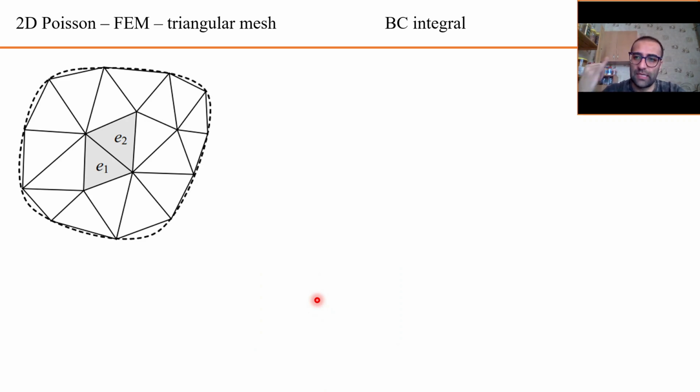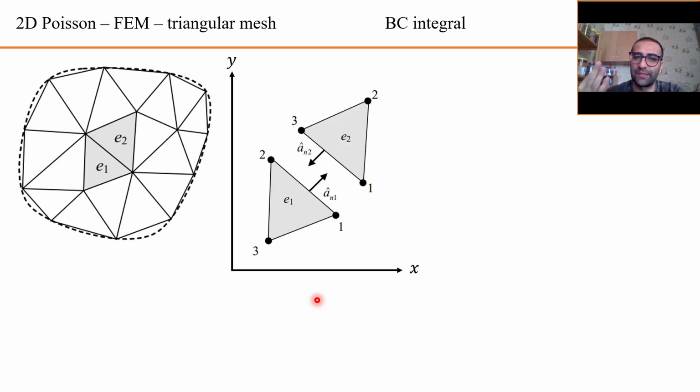Now we calculated the M, we calculated the S. Now it's time to calculate the boundary integral. For the boundary integral, we know that we need to calculate all of this, M, S, and the boundary integral, for all of the elements. Now imagine that we have such a domain that is discretized using a triangular mesh like this, and here I just highlighted two neighboring meshes, E1 and E2, and separated them to show what the value of this boundary integral should be when we calculate it for the internal boundary.